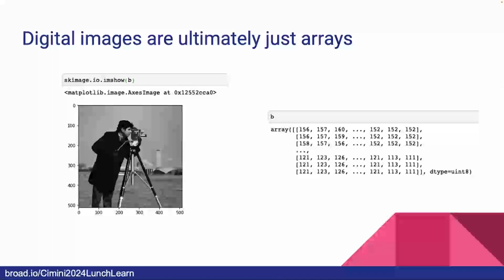Because when you have a digital camera, or anything that makes a digital image, you have just an array of numbers. That's true of any picture you take. That's true of the pictures you take on your smartphone. That's true of this picture of a man taking a picture. These are just arrays of numbers. A standard microscope camera these days is 4-ish megapixels, which is 4 million data points.